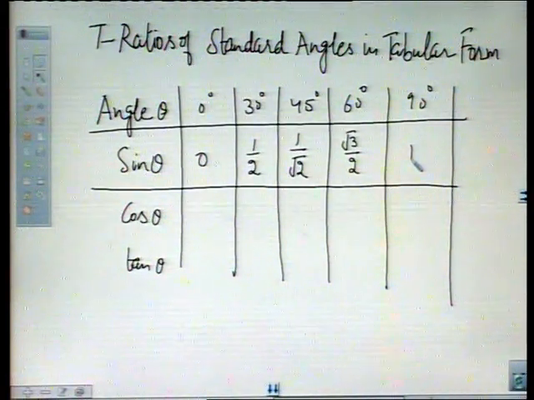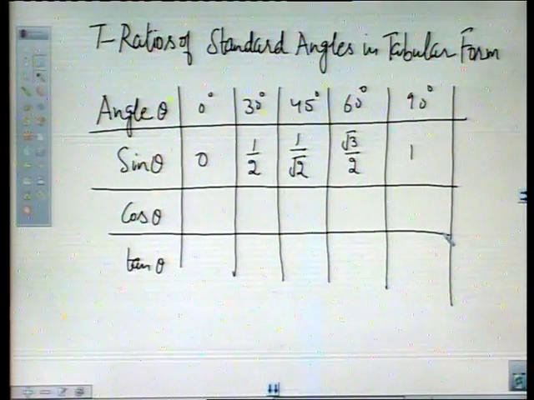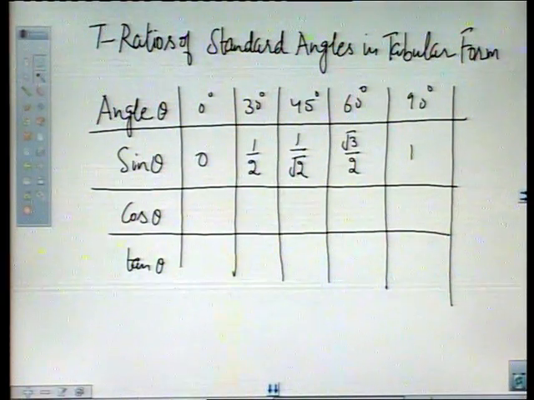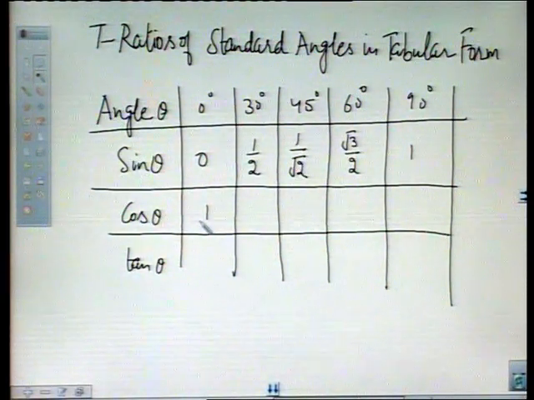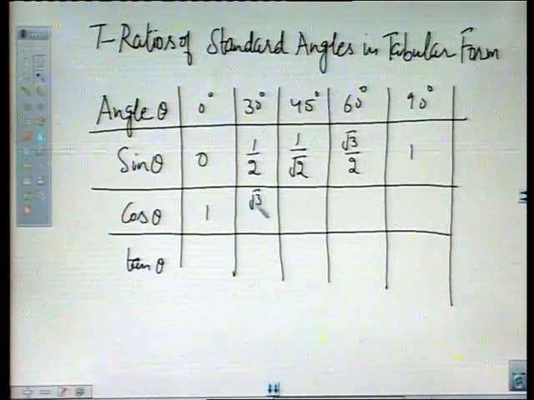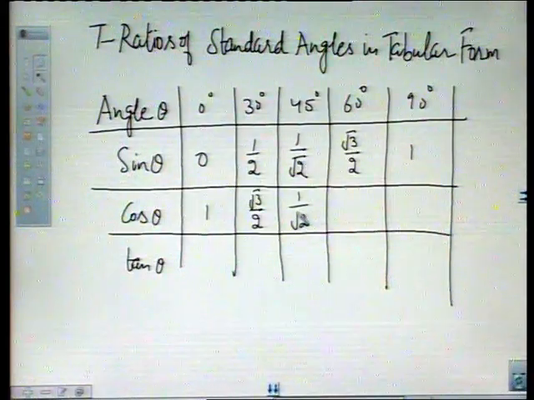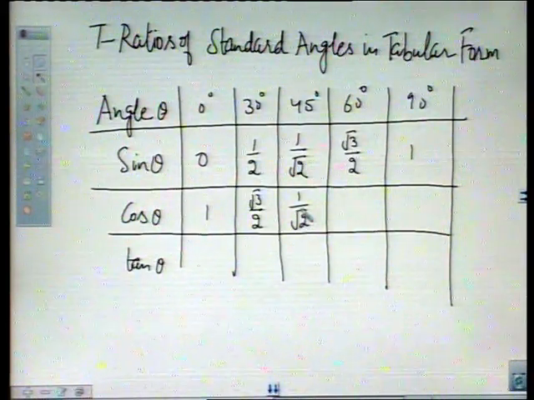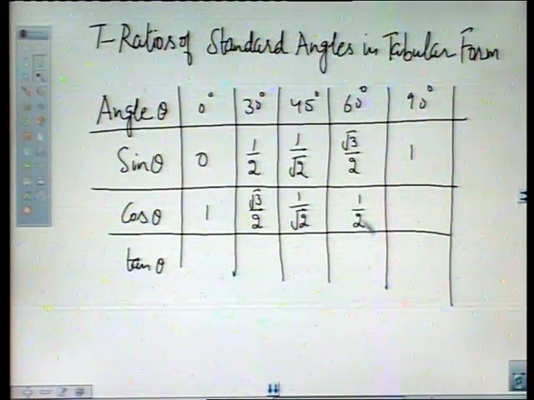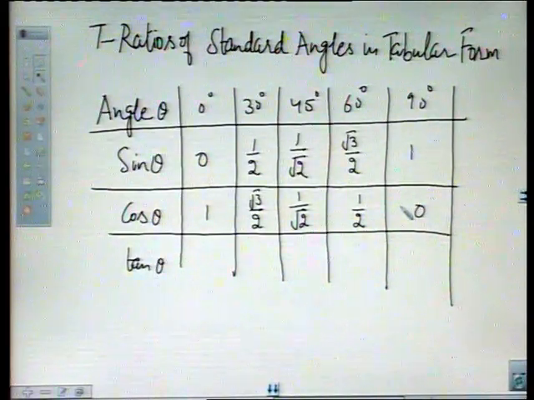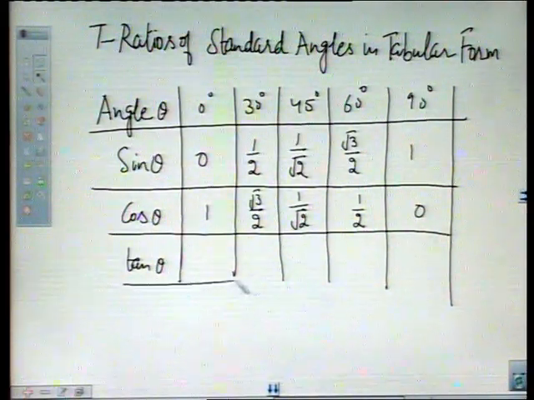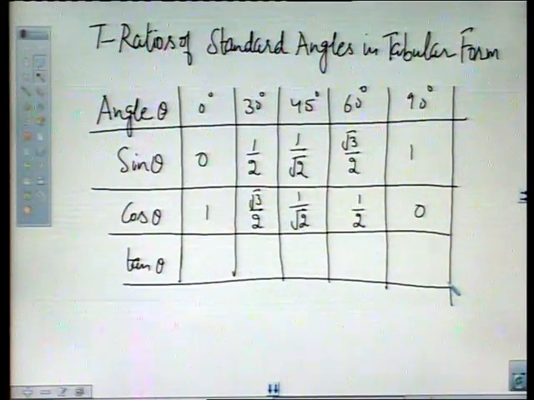And in cos, it will be just a reverse of sine. The value of cos 0 is 1, cos 30 is under root 3 by 2, cos 45 as 1 over under root 2, then cos 60 is 1 by 2 and cos 90 is 0. And in last we write the values of tangent.